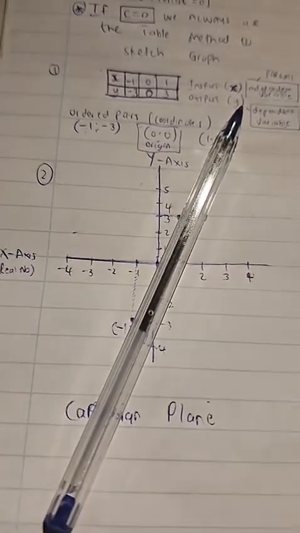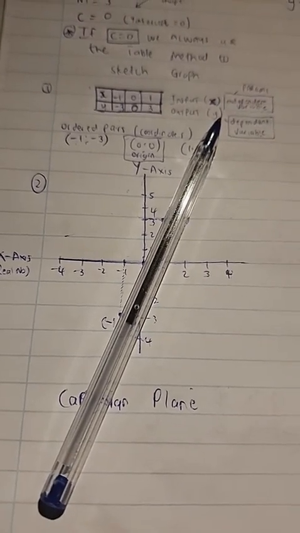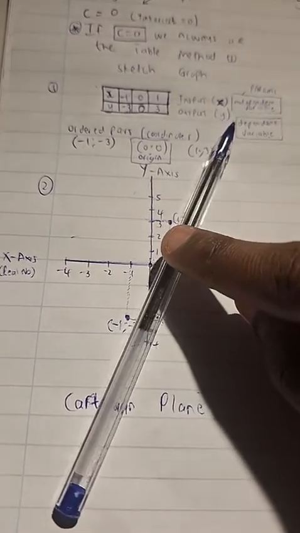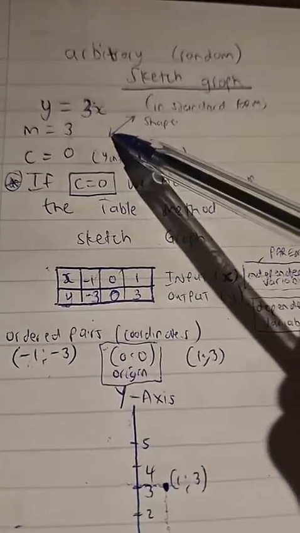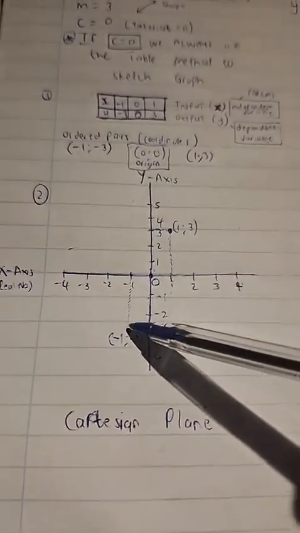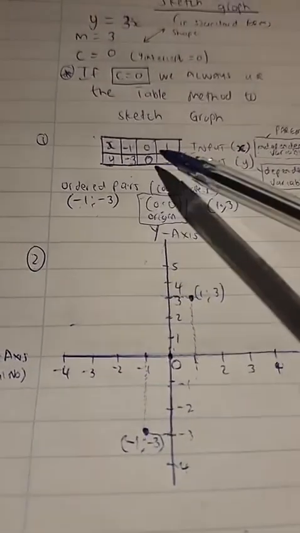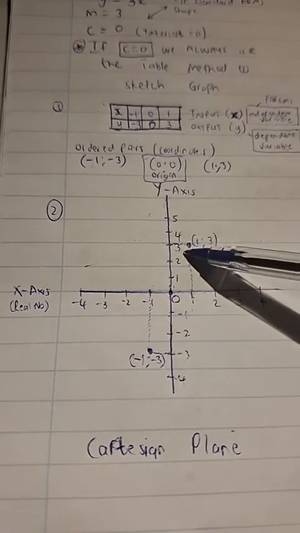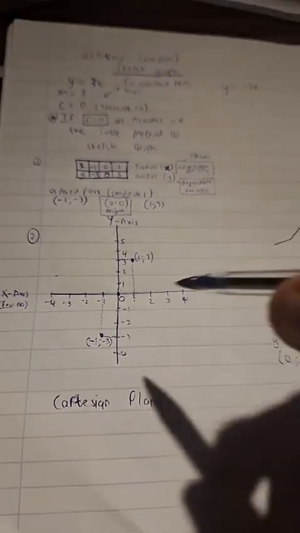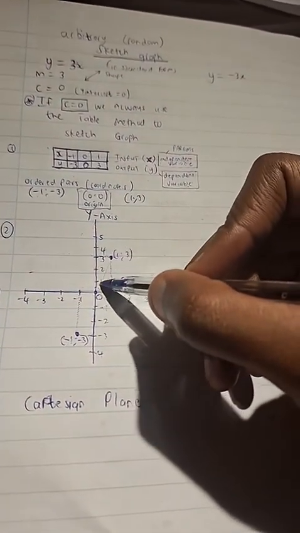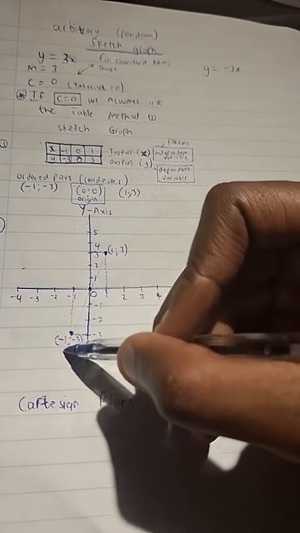So I hope you guys get the point though. Are we clear? So this is when C is equal to 0, our straight line. And do you see that the shape we had expected resonates with the points that we actually got from our table, because really the straight line as we draw it using our ruler, we are clearly going to see, oh yeah, it is indeed a straight line.